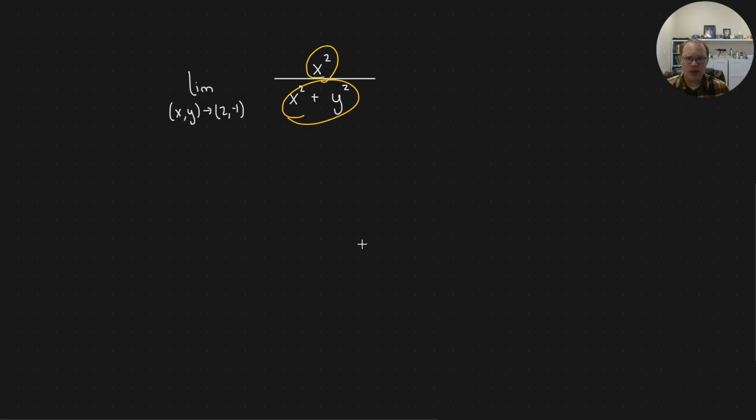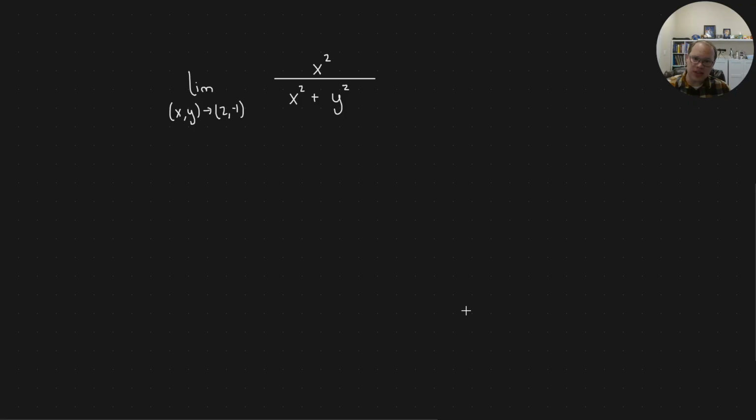They're polynomials. And if I divide 2 polynomials, it's still continuous so long as the denominator isn't 0. And the denominator is not going to be 0 at this point. This function, of course, is not continuous at the point 0, 0. We could see that. We'd get 0 over 0 if we plug that point in. But it is continuous at the point 2, -1.